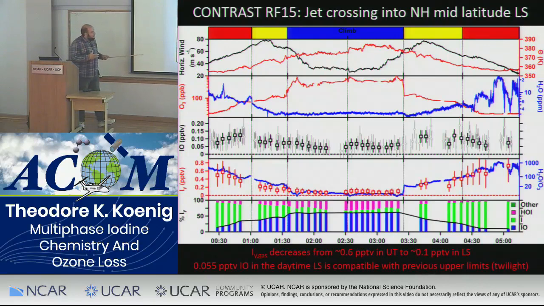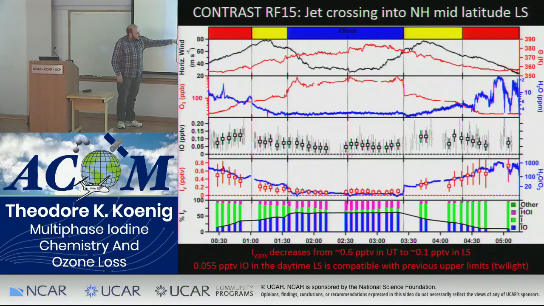If we actually try and go through all of the partitioning, here in the bottom panel I've simplified the partitioning into the 3 major species. You can see everything else is essentially these little tiny bars up here. They're just trace species. Most of it is IO, HOI, based on our current knowledge of the chemistry. And you'd expect iodine, if IY was conserved, to follow some sort of line like this, where it comes up as we increase ozone, caps out, and comes back down.